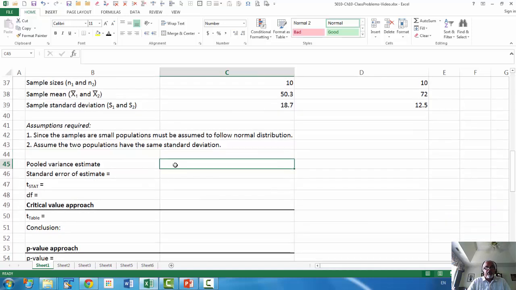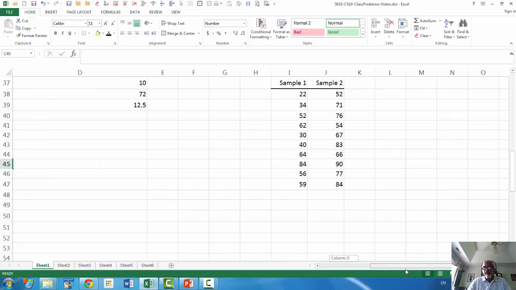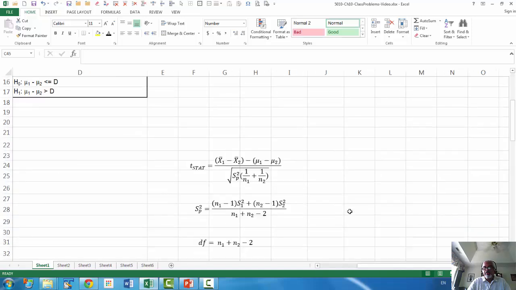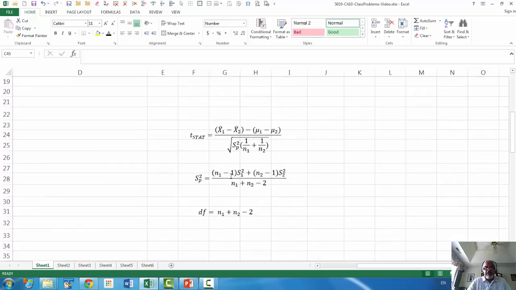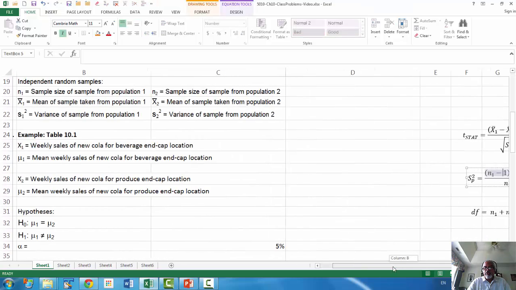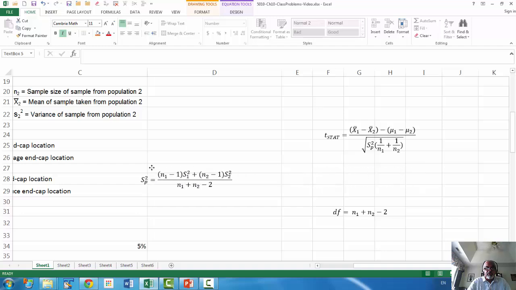So now we're going to compute the pooled variance estimate, and the formula for the pooled variance estimate is right here. So we're going to use that formula. Let's move this formula closer so we can follow along.